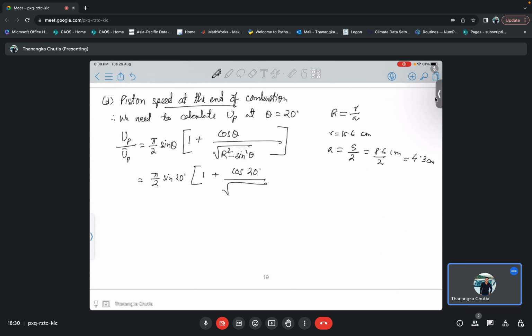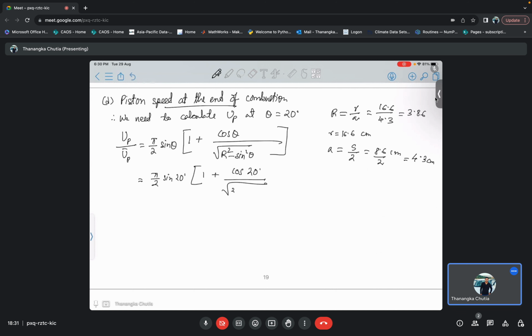So my R will be 16.6 divided by 4.3, which is 3.86.